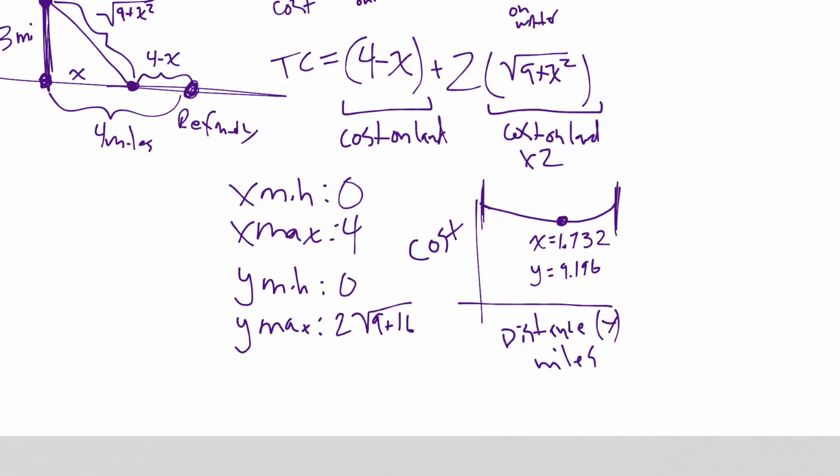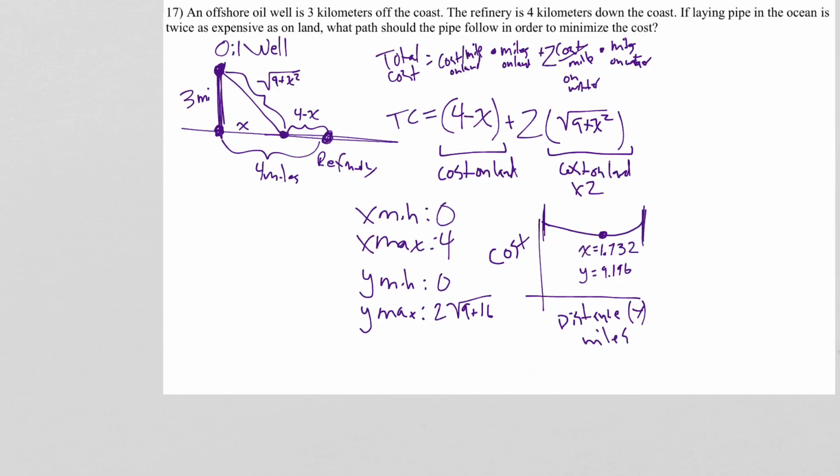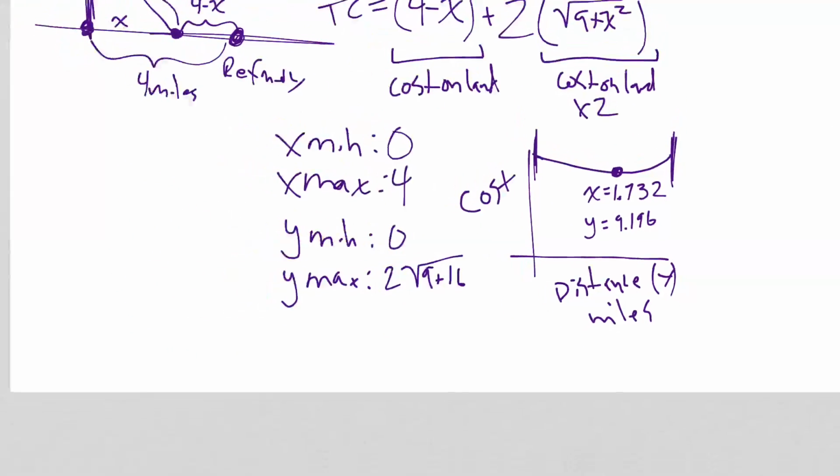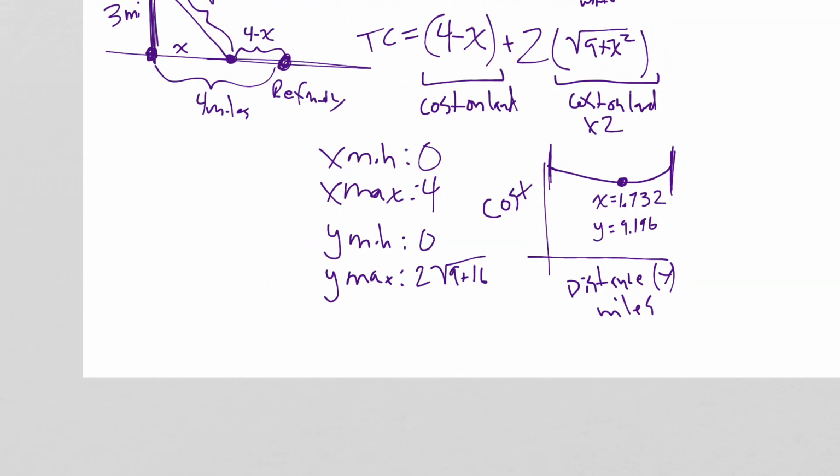So, to minimize the cost, land 1.732 miles down the shore from the perpendicular point to the oil well. Imagine if the cost on land was, say, $20 per mile, which is crazy low. Then y equals 9.196. Multiply that by 20 would give you the cost.